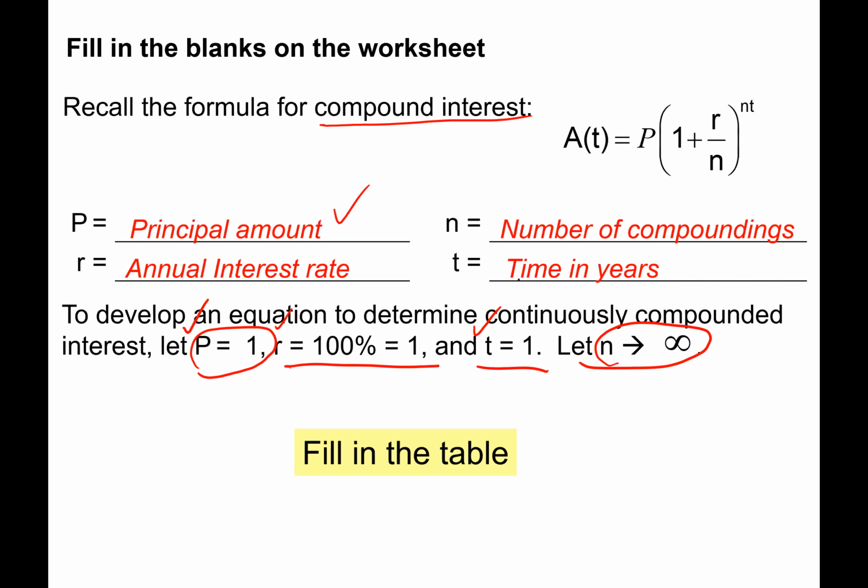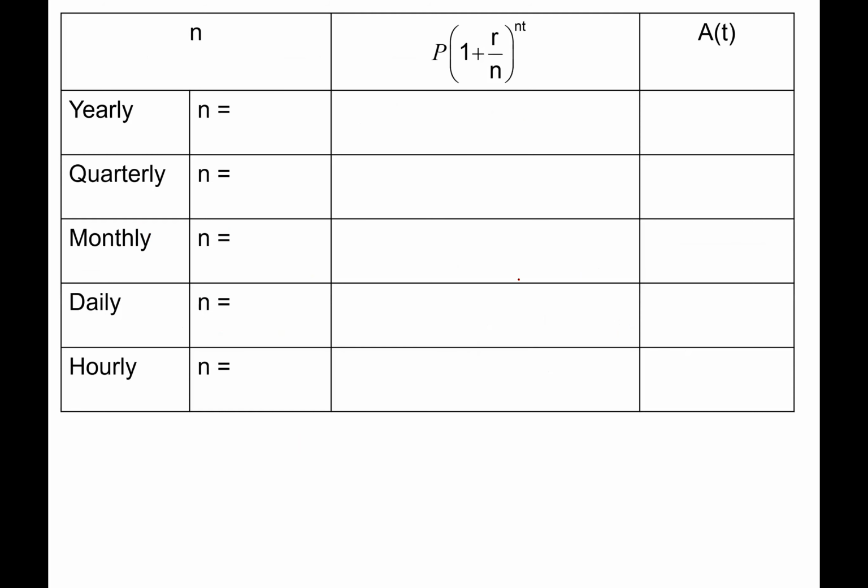Now let's move on to the next table. So first of all, yearly. Under compounding yearly, P is 1, right? Rate is 1, and then time t is 1. Okay, that's all 1. So if it's compounding yearly, that means N equal to 1. So we apply the compound interest formula.